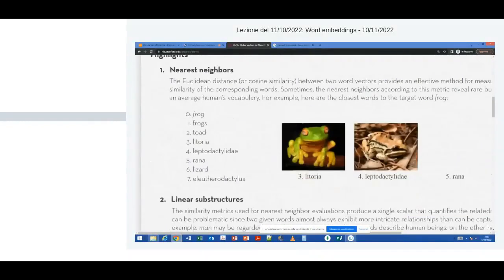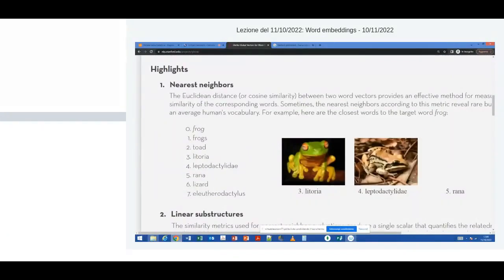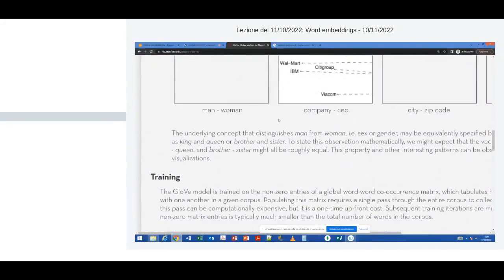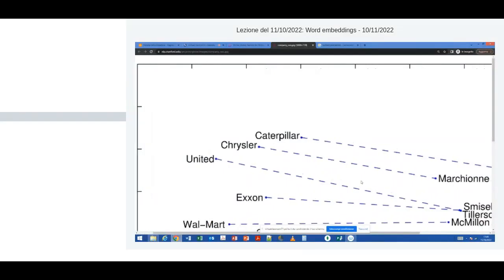Here you can look at the examples. They again try to evaluate the models using cosine similarity, and they applied, as you can see here, extrinsic evaluation according to some similarity problems. So look for words that are mainly related to a target word. They have plotted some examples of representations, like here.